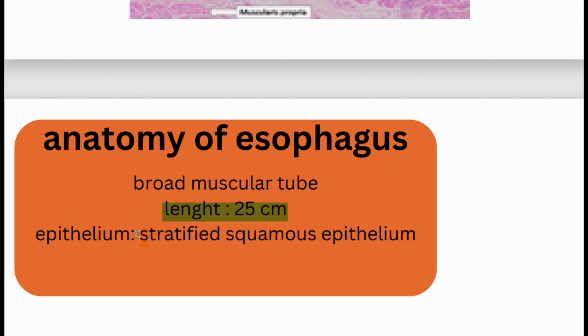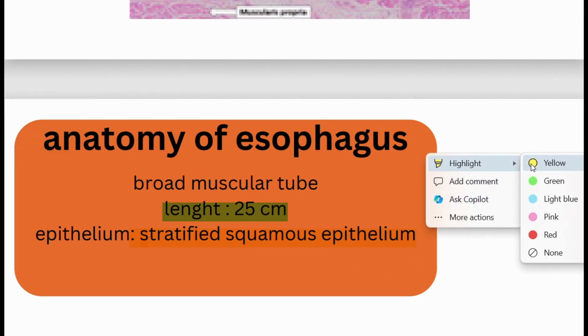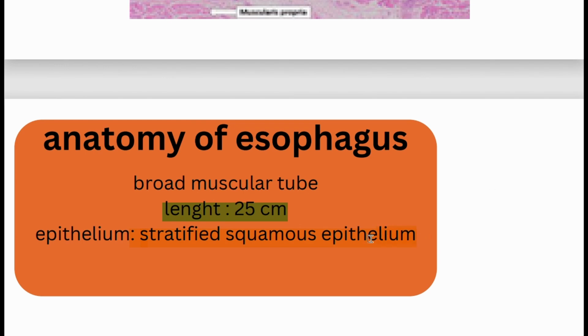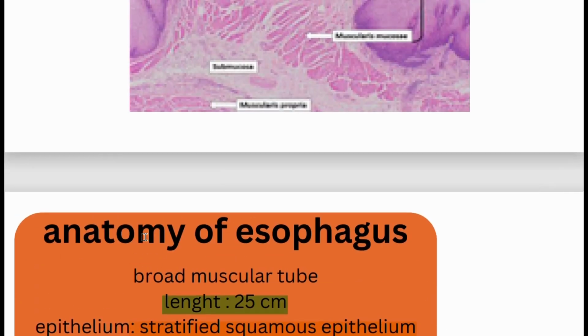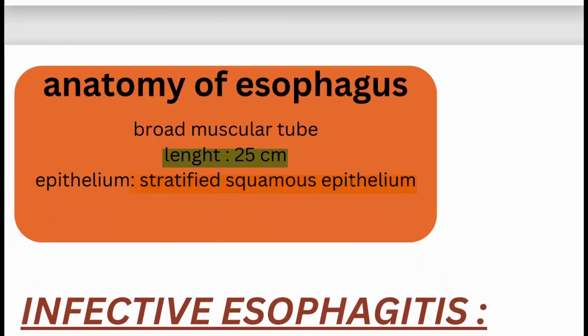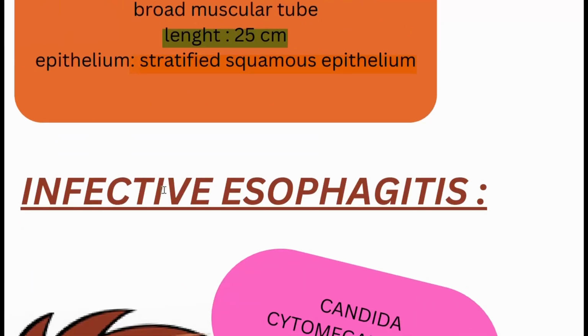So it is just a muscular tube with four layers, 25 centimeters in length, lined by stratified squamous epithelium. This is the basic information one should know about the esophagus.